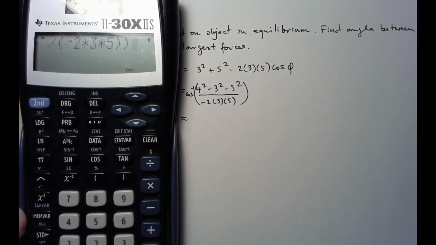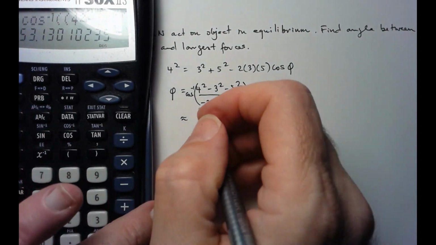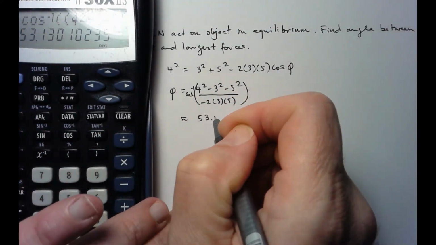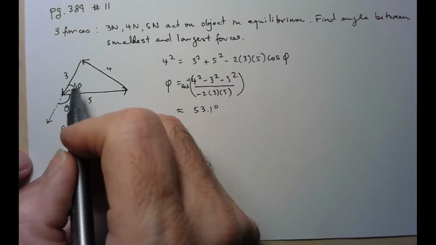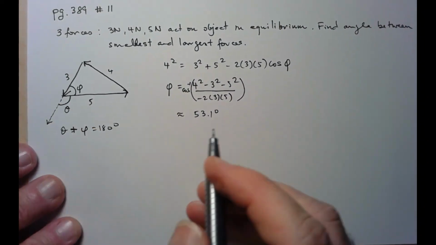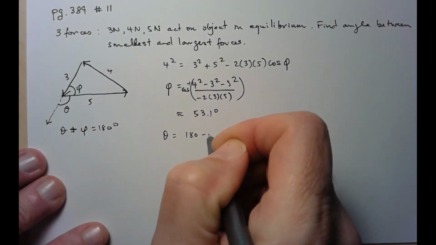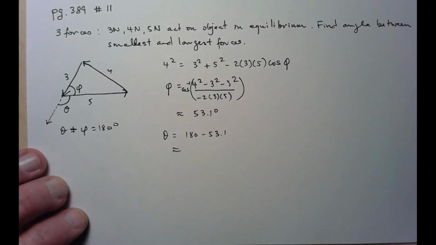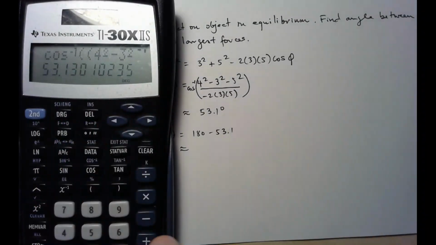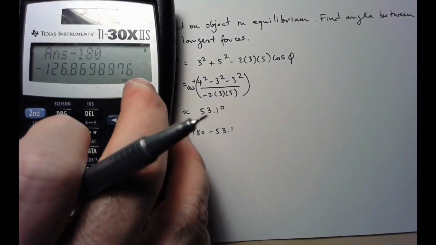You see, I'm just letting the calculator do all the work for me. So this is 53.1 degrees, but of course this is not the angle I'm interested in. I'm interested in the supplementary angle. So theta is going to be 180 minus 53.1, and that's approximately equal to 126.9.